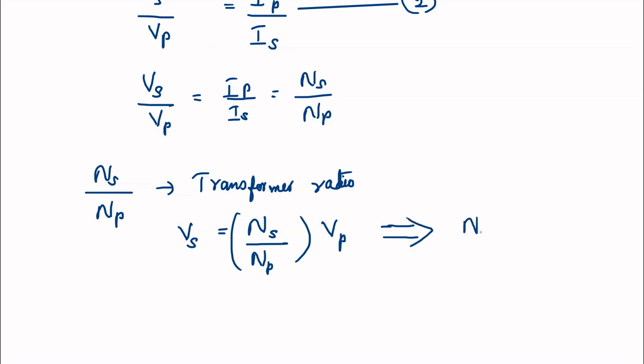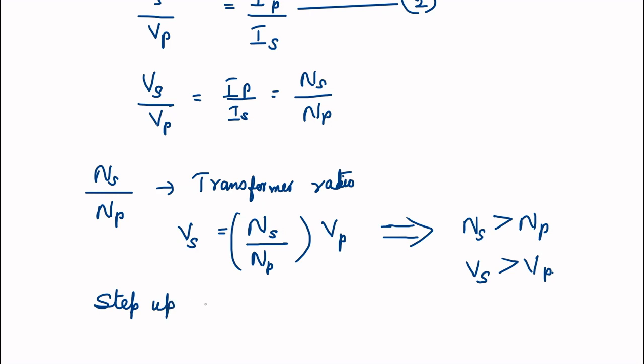if Ns is larger than Np, the numerator is larger than the denominator. So Vs is greater than Vp, which will be a step up transformer.